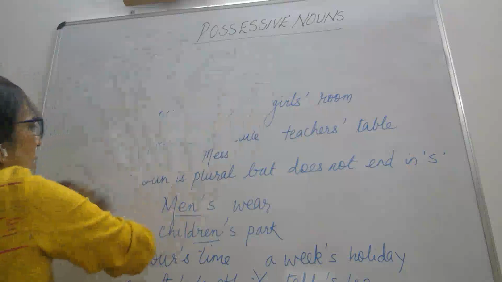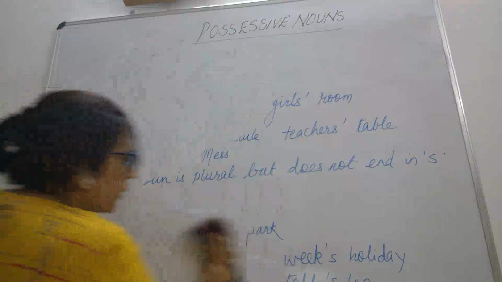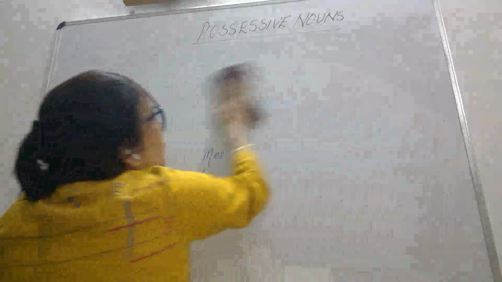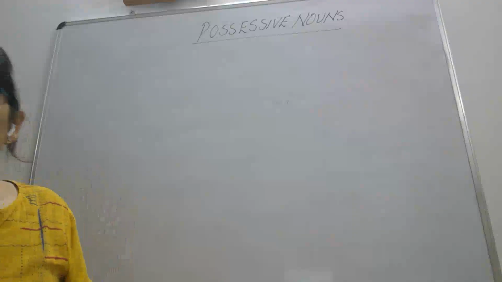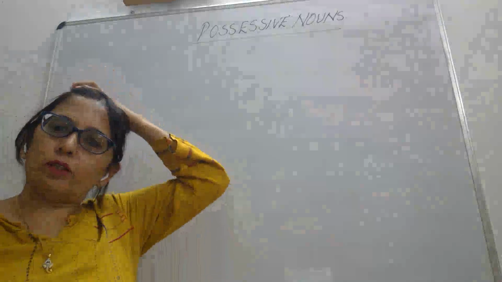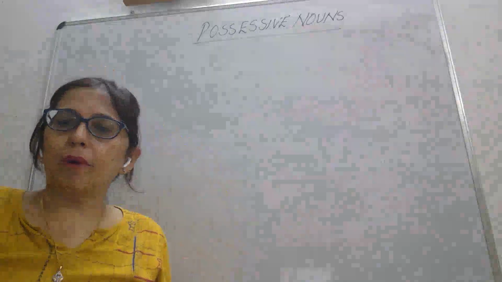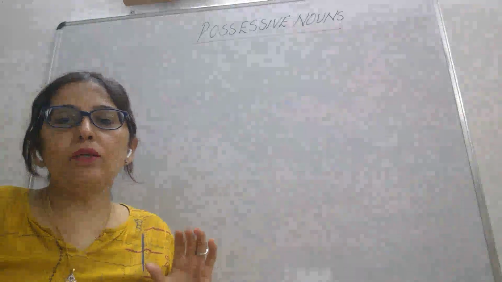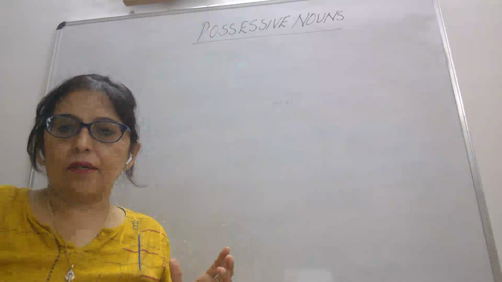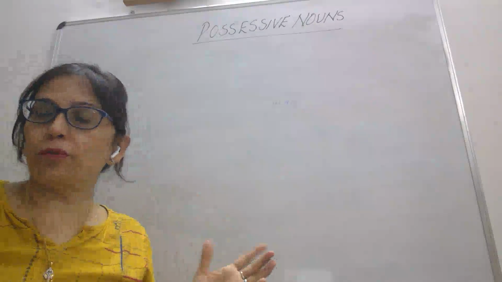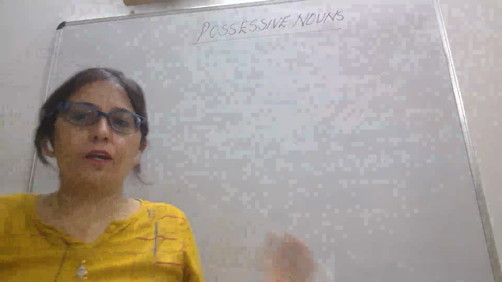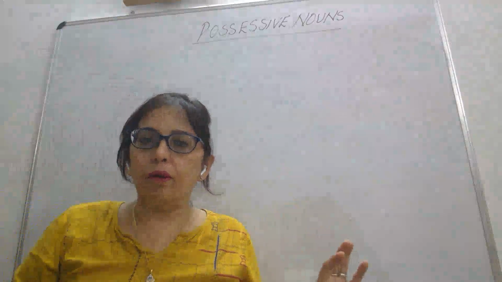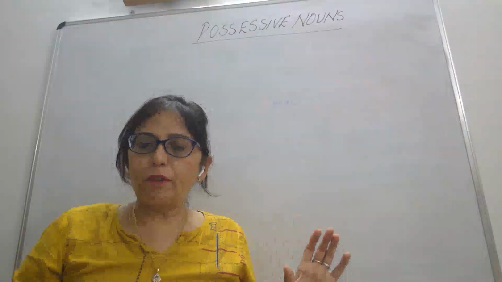Okay? Now, next we are coming to compound nouns. We have done what are compound nouns. Nouns which are made up of two or more words are called compound nouns. Now, how do we show possessive in that? I told you how to change it into plural. For example, sister-in-law, brother-in-law. These are all examples of compound nouns.